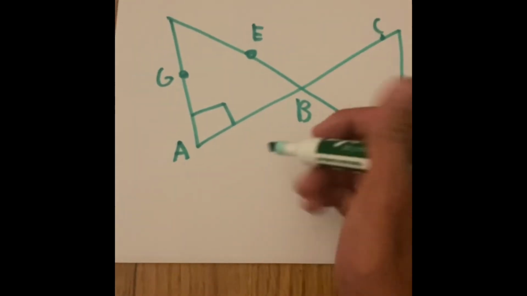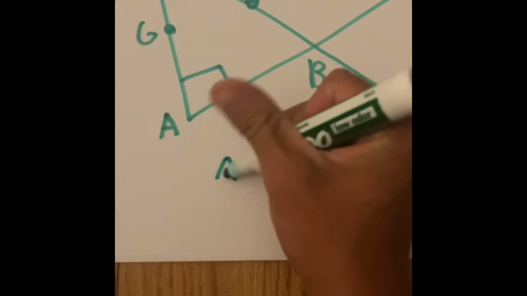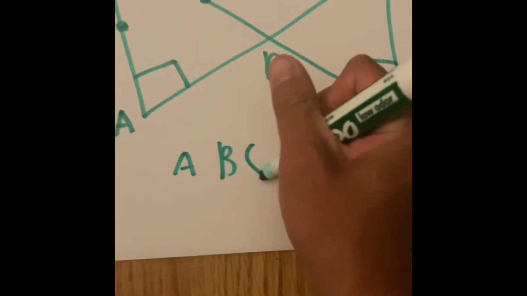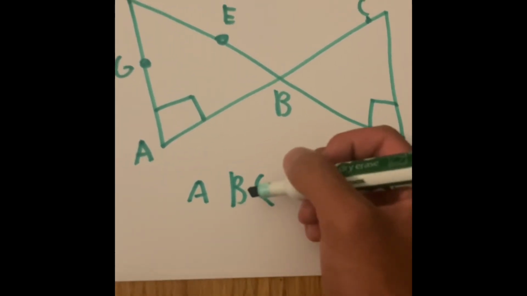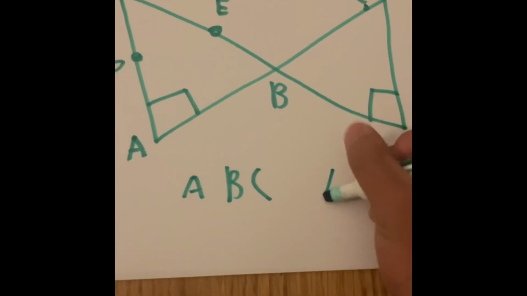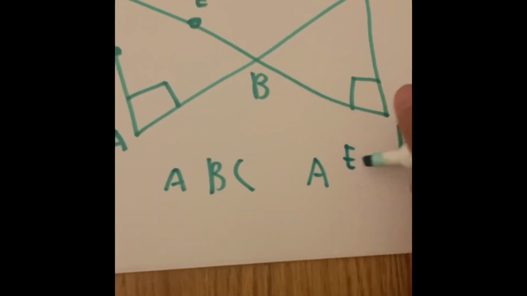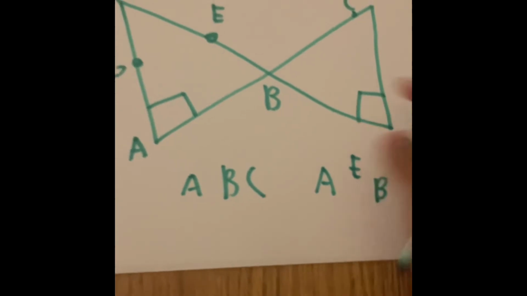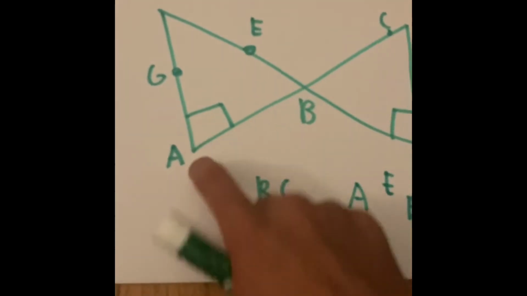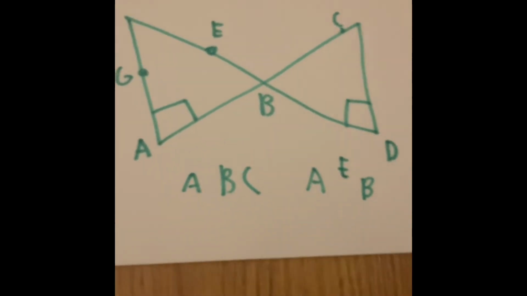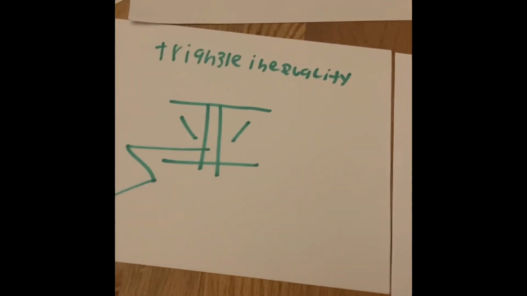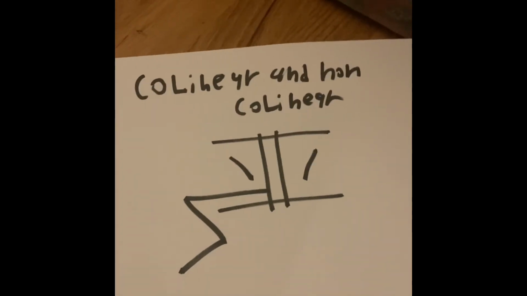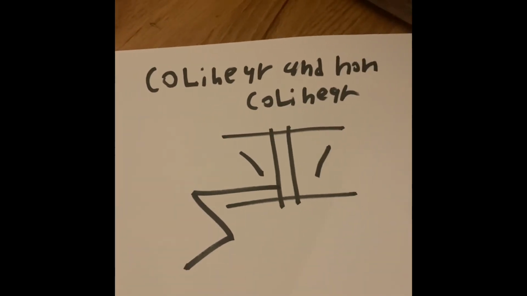We can say that A, B, and C as points can be collinear. We can also say that A, E, and B are non-collinear. So this is collinear, this is not collinear. That is how we can explain triangle inequalities and also explain collinear and non-collinear in a fun and cool way.